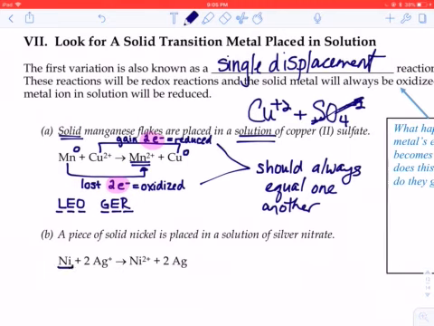We have nickel neutral on the left, nickel positive 2 on the right. So when it went from elemental neutral nickel to nickel plus 2, it's part of a compound. This nickel is combining with this nitrate during the course of the reaction.